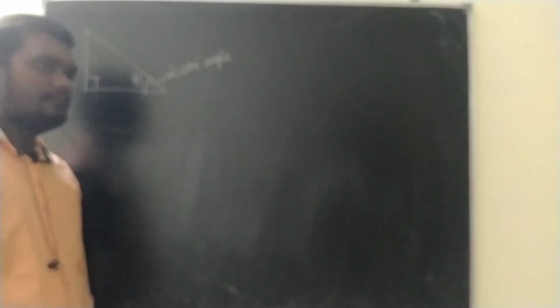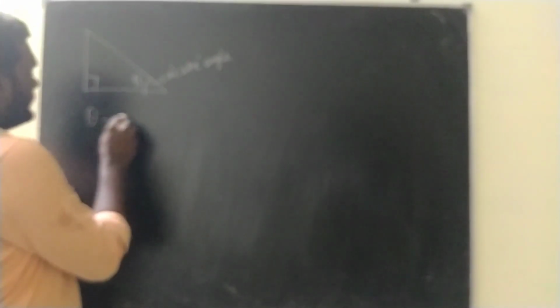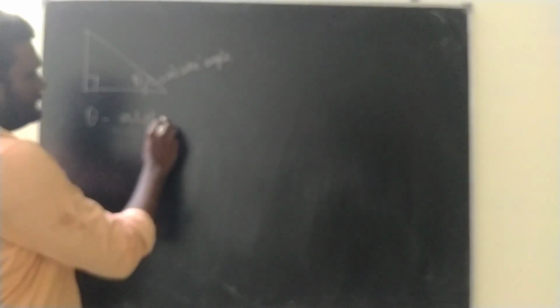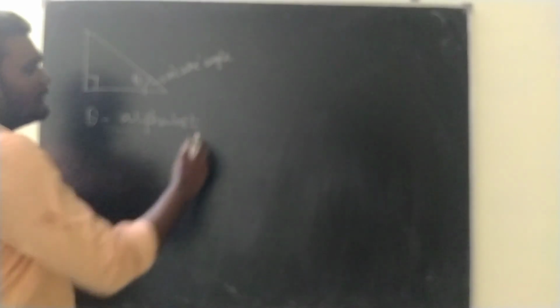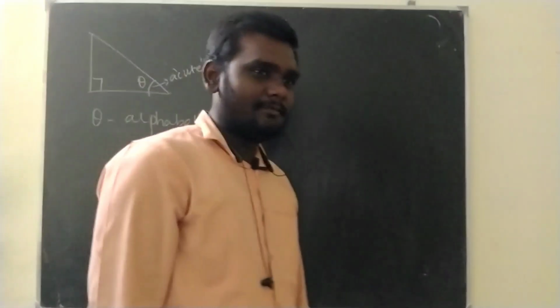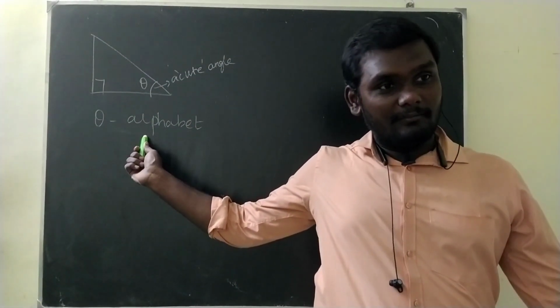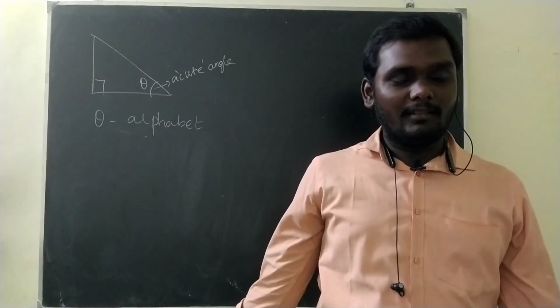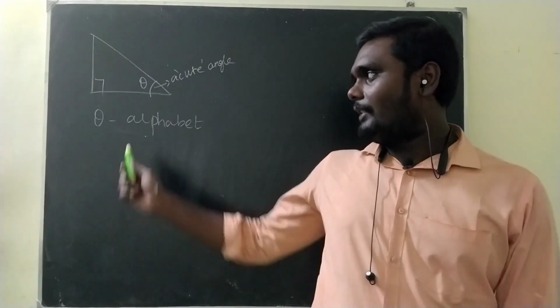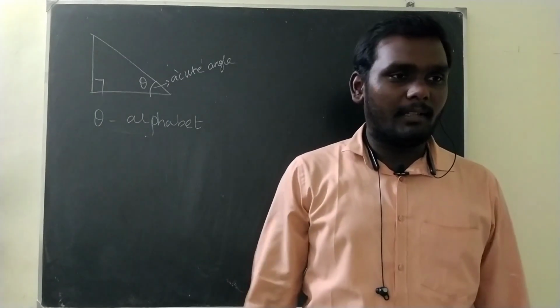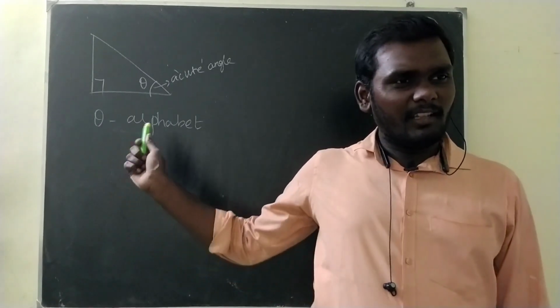What is this theta first of all? A Greek alphabet. Theta is an alphabet. But the English language has only 26 alphabets. This is an alphabet from some other language, maybe Greek or Latin, German. We don't know, but some other language. Why are we using that one?